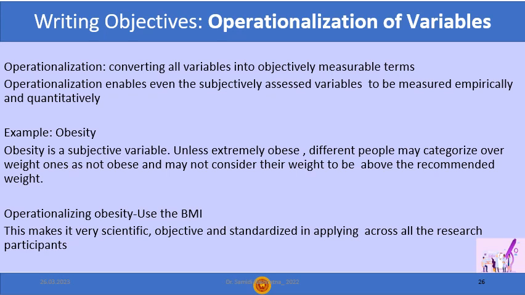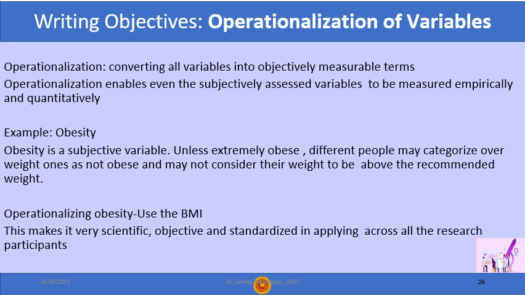Right, so regarding writing objectives, we discussed the operationalization of variables and the action verbs earlier on. So let's see what operationalization of variables means. Operationalization means converting all variables into objectively measurable terms.